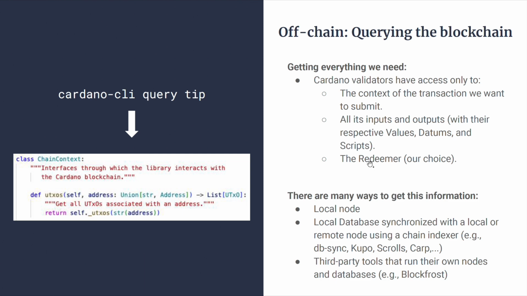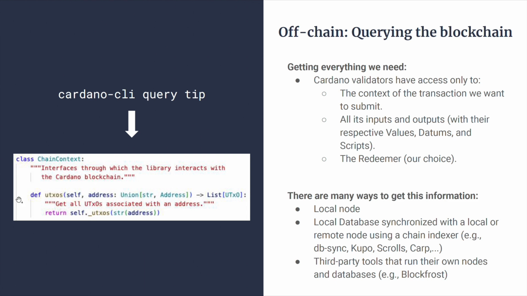So what we want to do with the input, we need to put into our transaction. So we first need to query it, and we can query it either by having a local node or some kind of database that is built from a chain indexer on top of a node, and maybe gives some easier access, or also some tools hosted by others, such as the Blockfrost API.